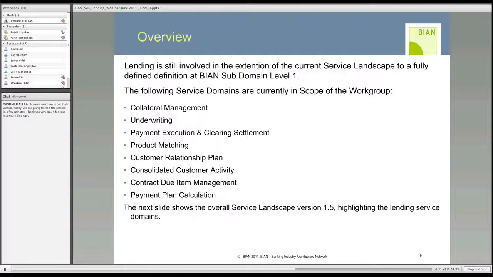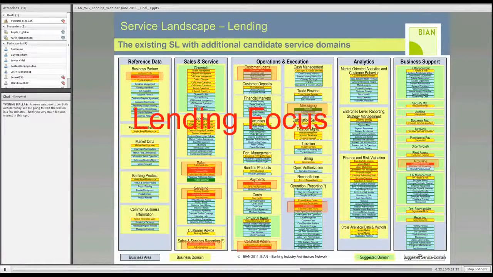Again, this is a refined version of the service landscape and with highlights of areas around lending. The actual version of the service landscape now, 1.5, is ready to be published and is ready for release as well. More information around that will be shared by Karen towards the end of the webinar, and there is more additional information that you will also find on the website.